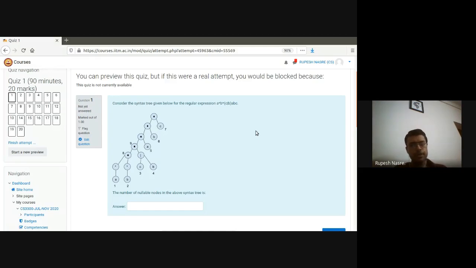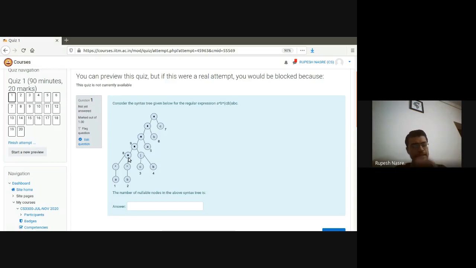So we have this syntax tree, and the number of nullable nodes in the syntax tree is going to be, since this is a star, I think the mouse will not be accessible now. Okay, so a star means that star is definitely nullable. And so these two stars are nullable, and they are the two sides of that dot, node number 8, and therefore since both are nullable, 8 becomes nullable.